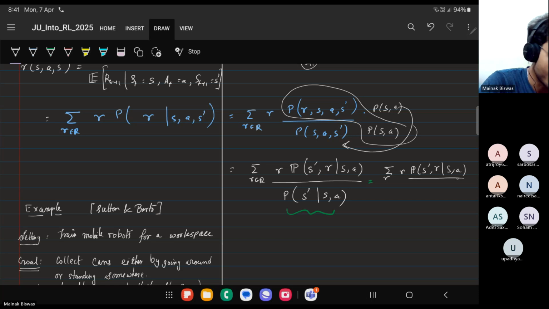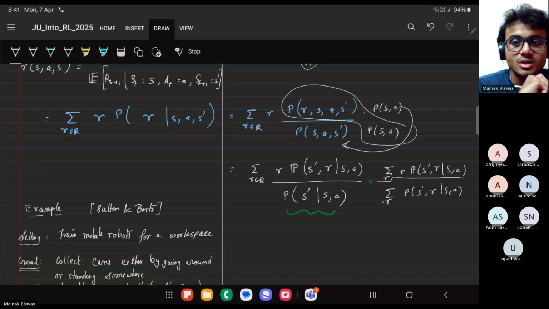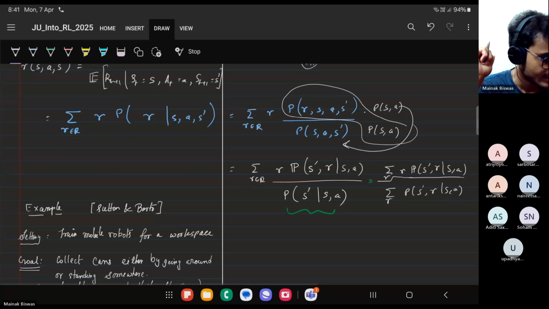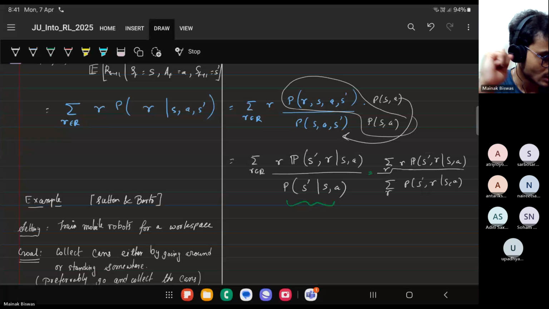Reward. Good. Just sum over all the rewards, probability of s prime, r given s, a. So this is basically a weighted average of the rewards. Fine. Any questions so far? Now we'll go to an example if there are no questions.